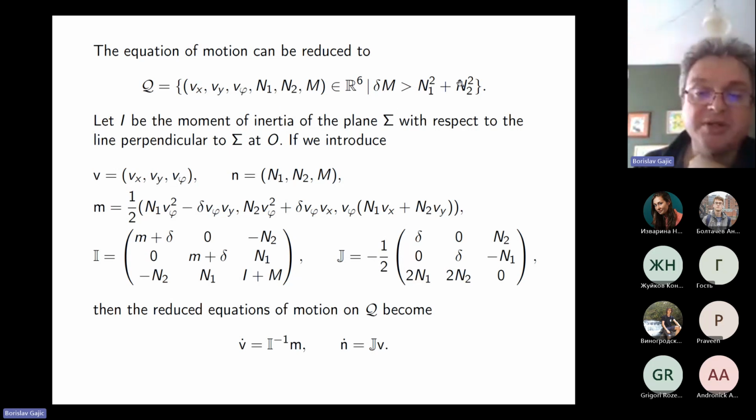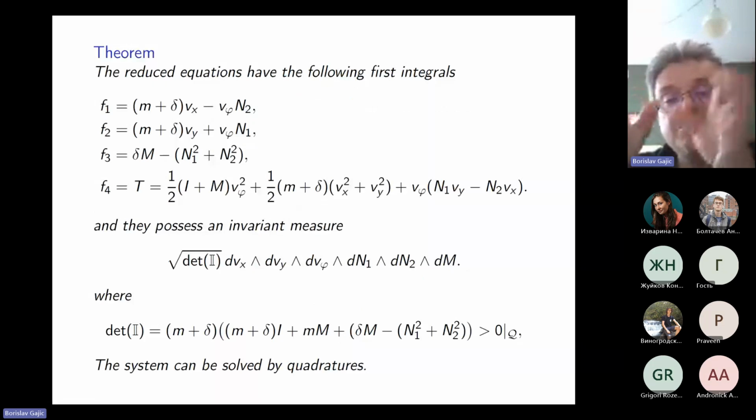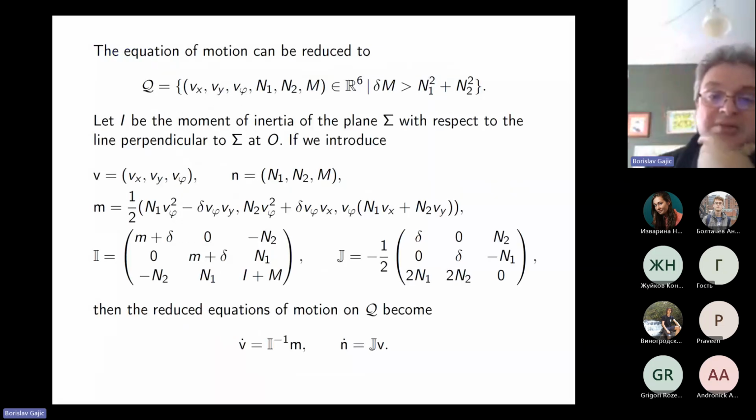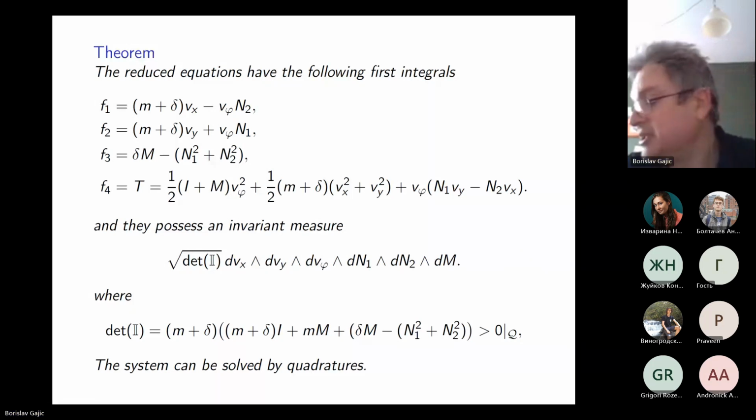And we have this algebraic condition, and we prove that this system is integrable, solvable in quadratures, and find an invariant measure. What is interesting is that the system reduces to an algebraic subset of R6, given by this equation of the upper half of a paraboloid. I would like to thank you for your attention.